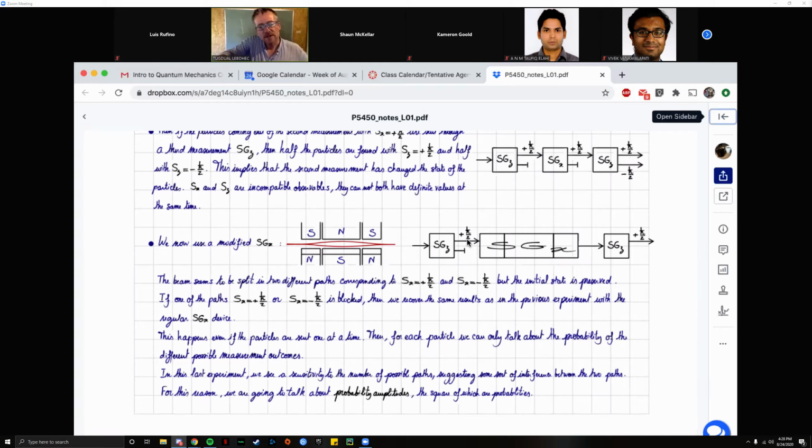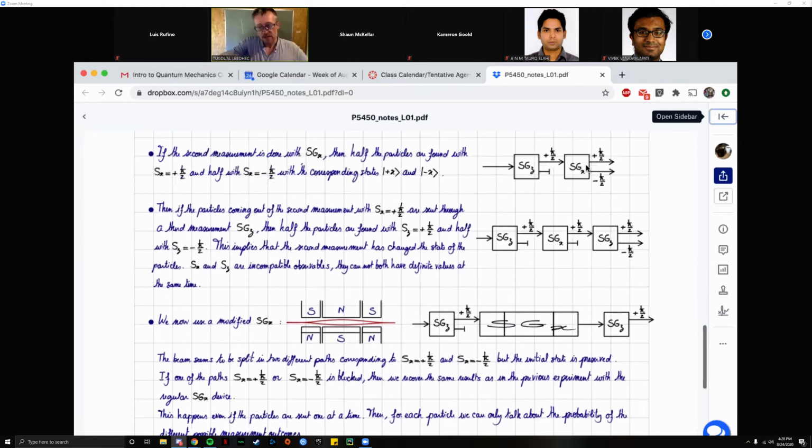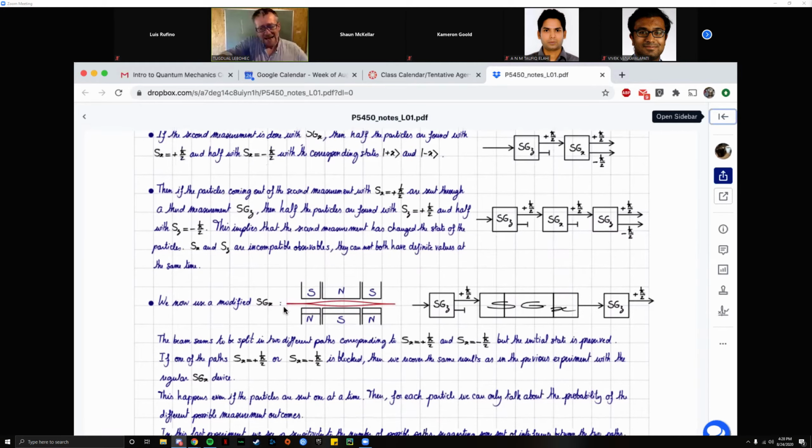That particle can be found, if we were to measure with a Stern-Gerlach device like this one, with the X component of its angular momentum pointing to the left or pointing to the right. Right? That means that one particle has as many chances to go through here as to go through here. And then no matter where they go, we recombine them together.